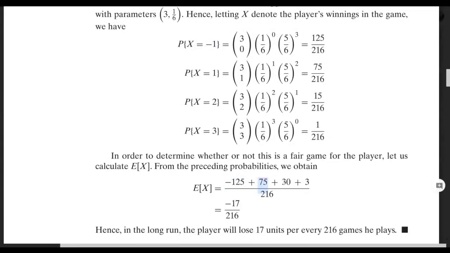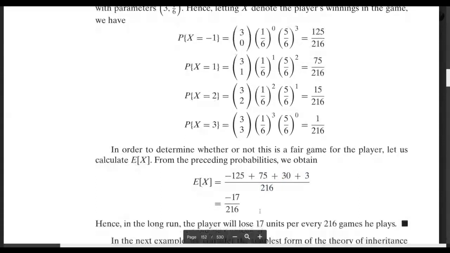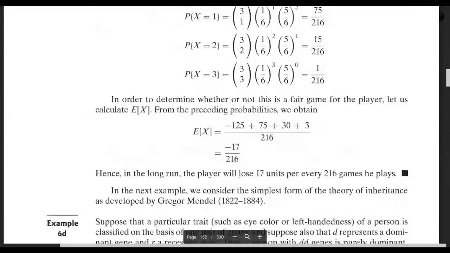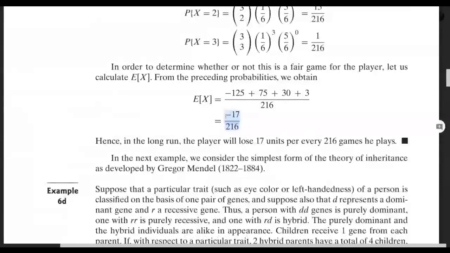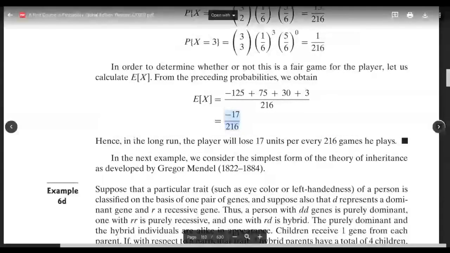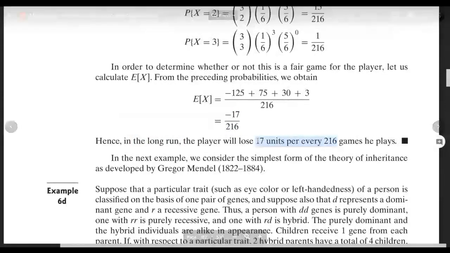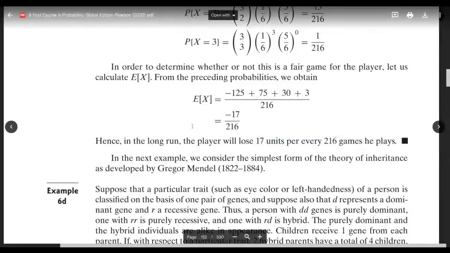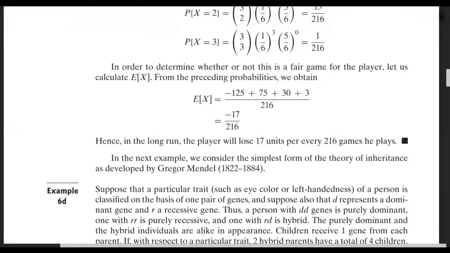Then 1 times 75, 2 times 15, 3 times 1, all out of 216. It's not fair, huh? So -17 over 216. So in the long run, the player will lose 17 units for every 216 games he plays. So it's not a fair game.